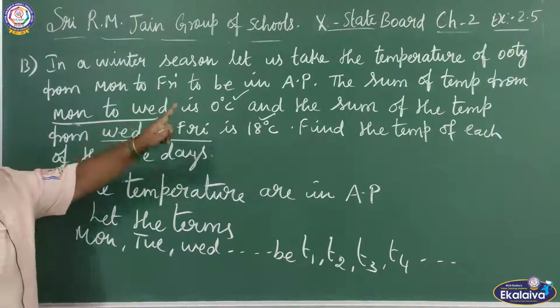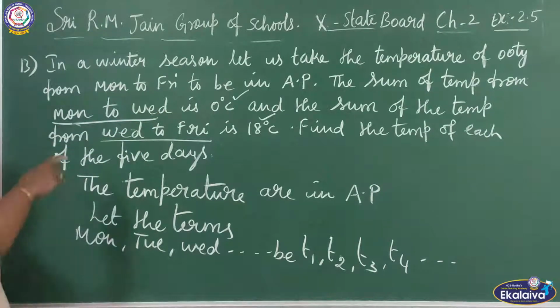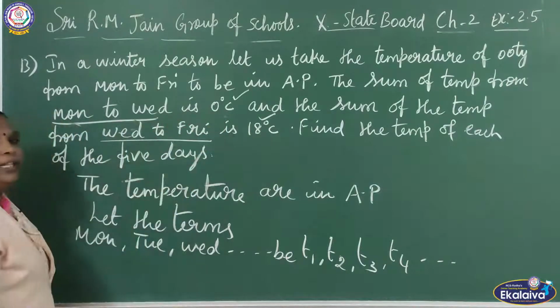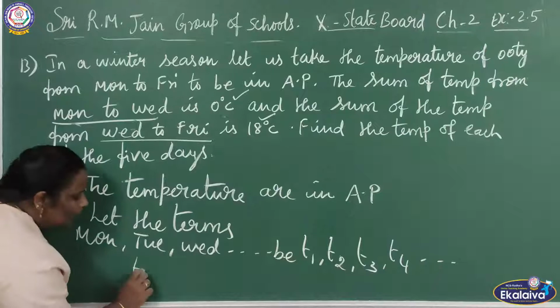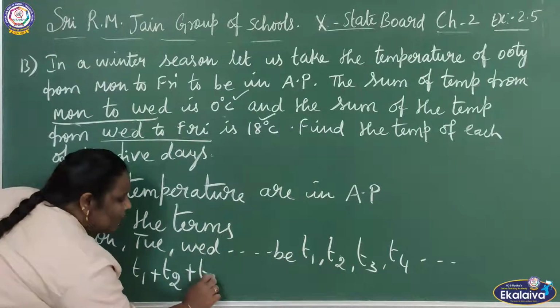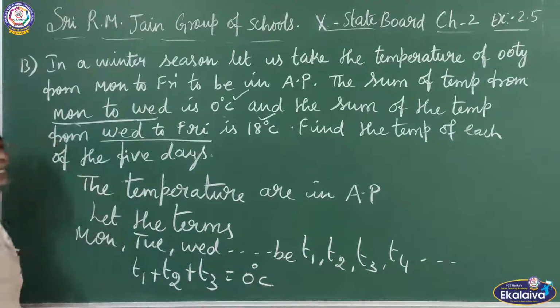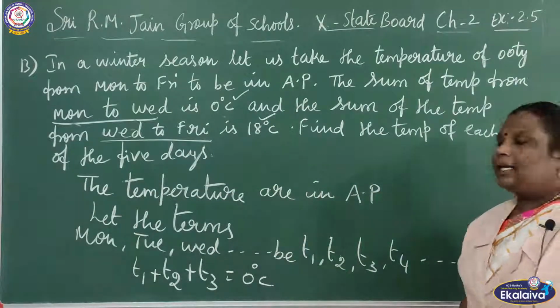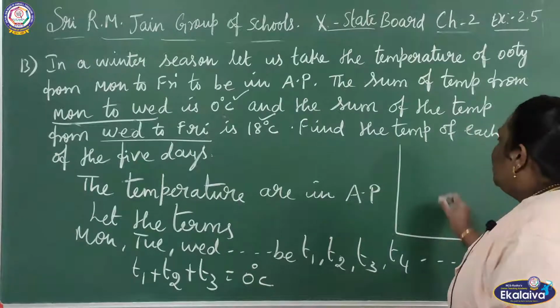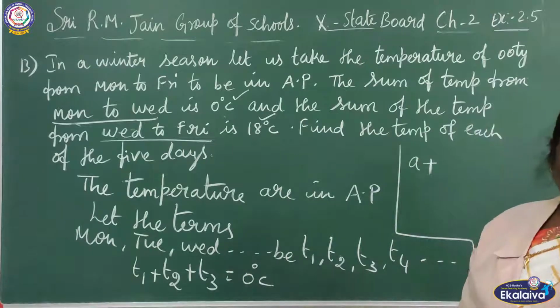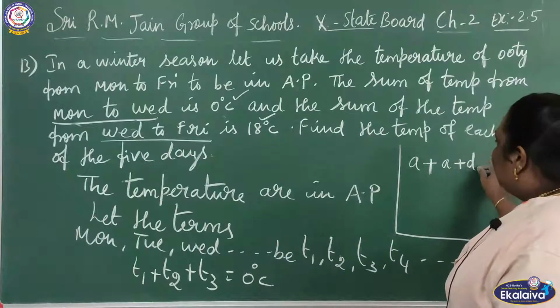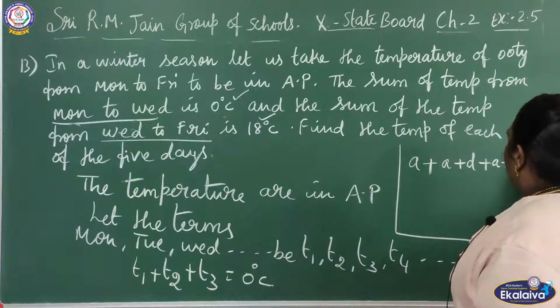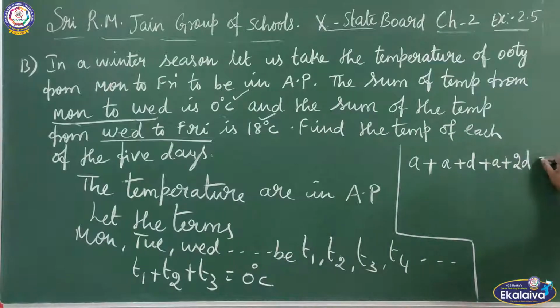The sum of Monday to Wednesday means the addition of the terms, which is given as 0 degrees C. So T1 plus T2 plus T3 equal to 0 degrees C. The first term is A, the second term A plus D, the third term A plus 2D, equal to 0.